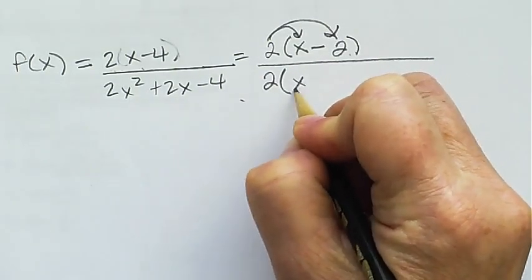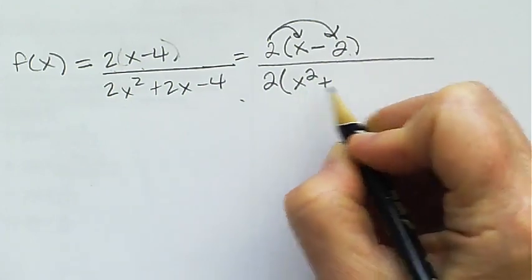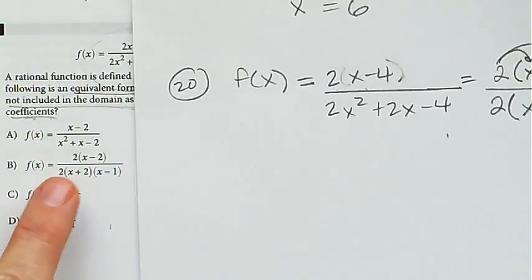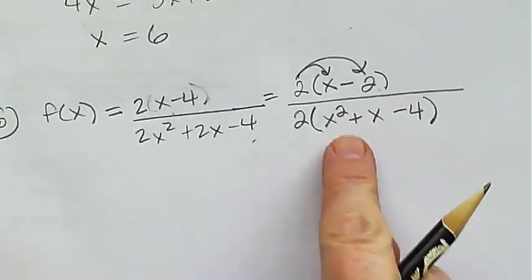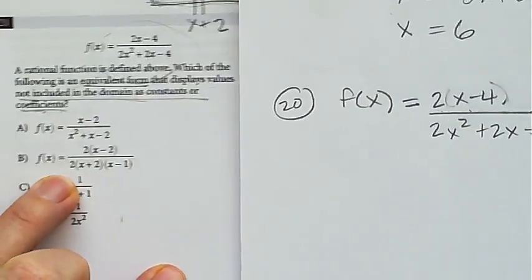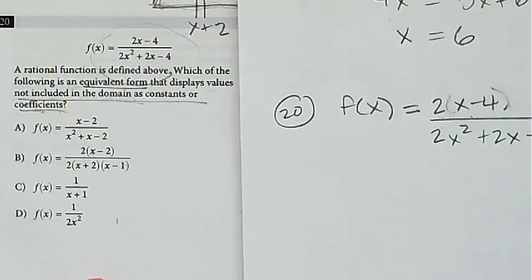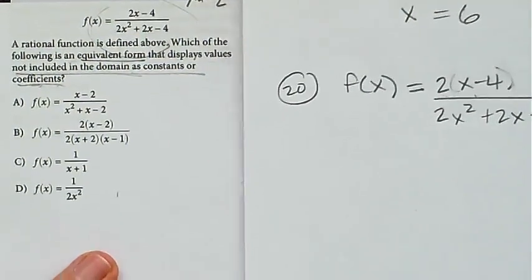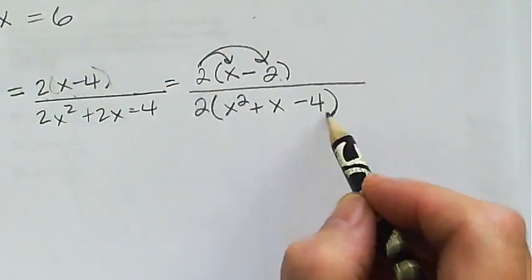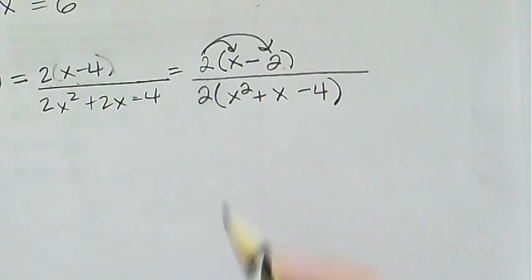That's going to factor into 2 times x squared plus x minus 4. Now I'm looking at the choices, and I see that this matches this, except those 2's aren't there. And then B, it looks like they factored it a little bit further. So at this point, I'm going to say, okay, can I factor x squared plus x minus 4 really quickly?